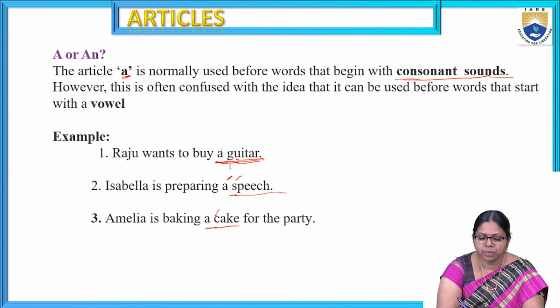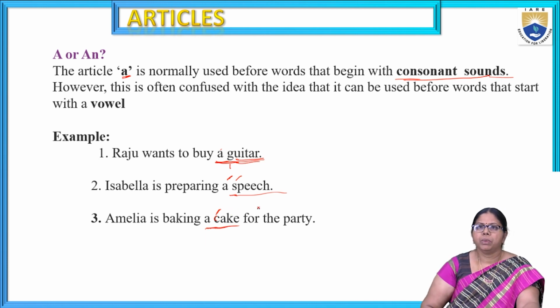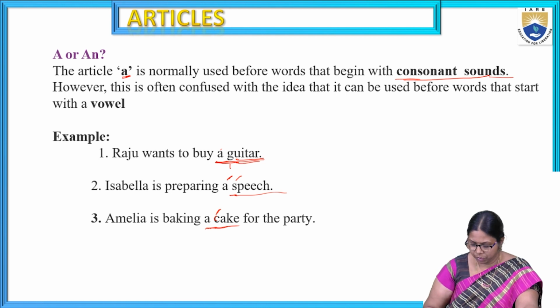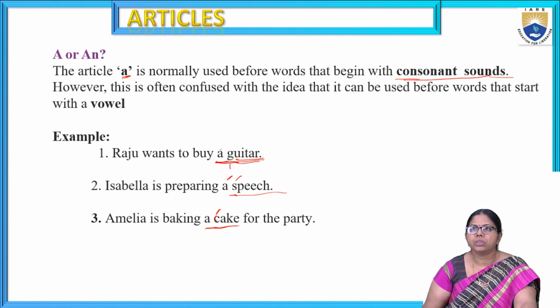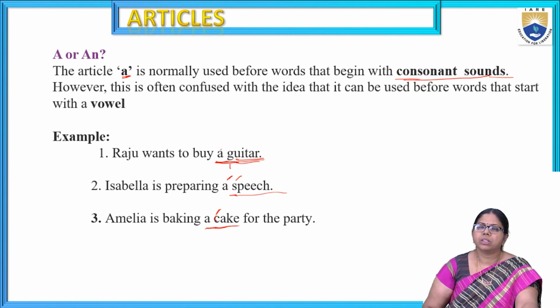The word starts with C, a K sound, and the K sound is a consonant sound. That is the reason why we use the article A before the word cake. So these are some examples of using this article before a consonant sound.